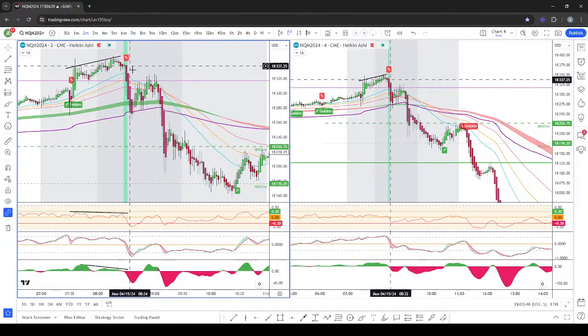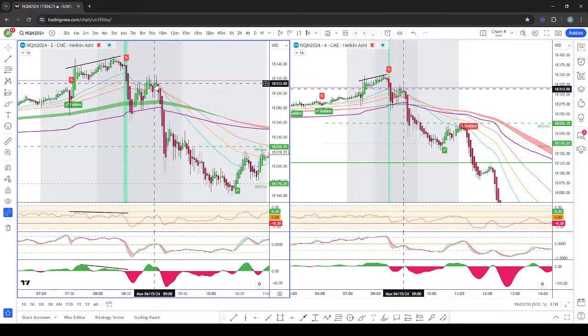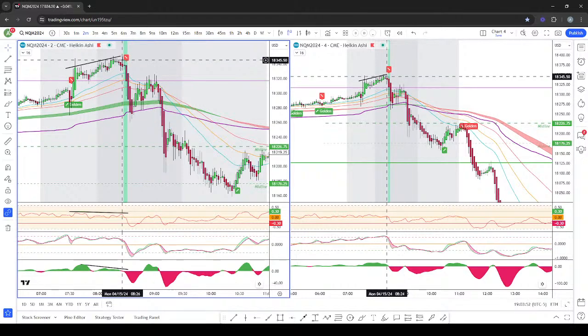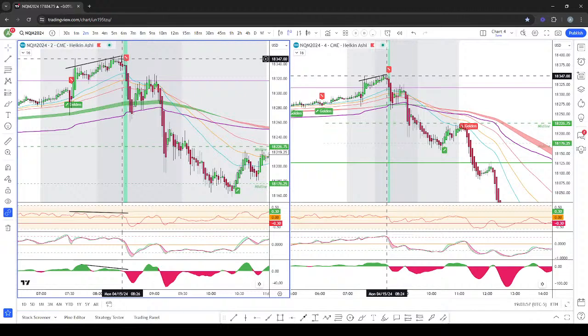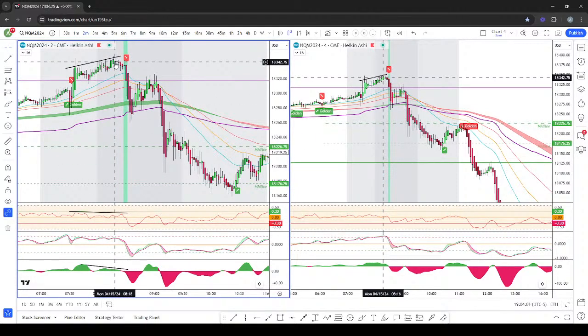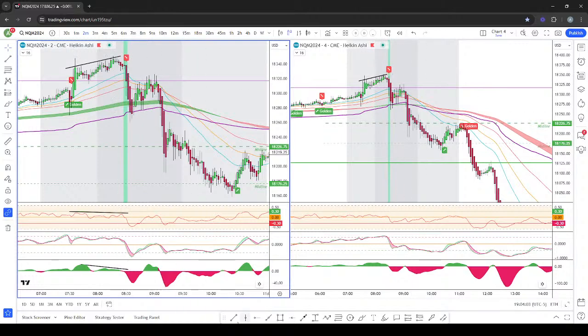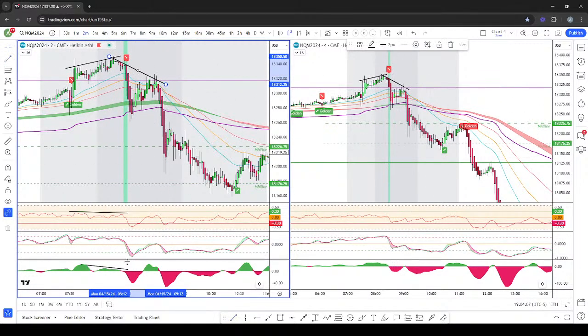So what I look for here, between this point and this point right here, is a hidden bearish divergence. By doing that, it just gives you a little bit extra confidence that price is heading in the right direction, according to the oscillator.